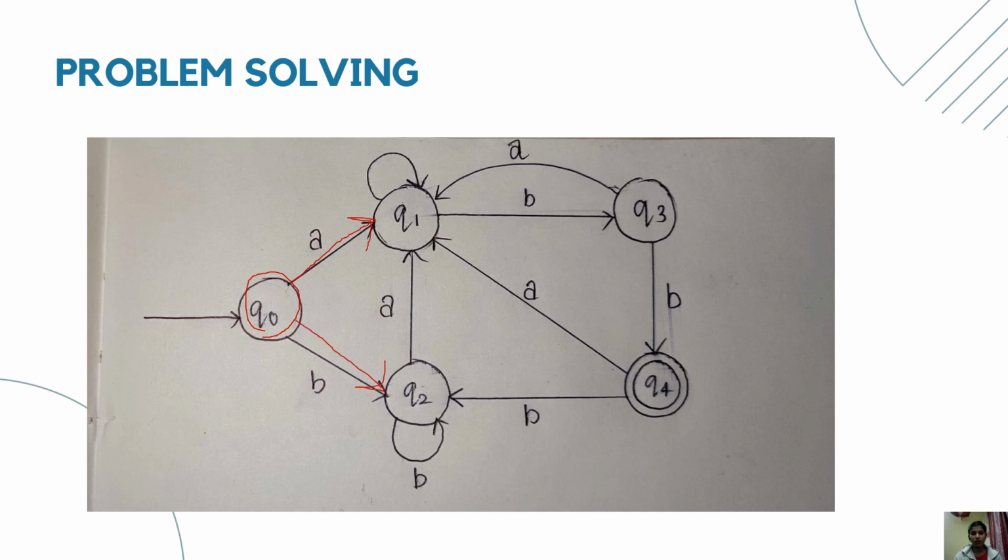From Q2 it's reachable to Q3, and from Q3 it's reachable to Q4. So basically it's reachable to all of the states, Q1, Q2, Q3 and Q4. And here the final state is Q4.